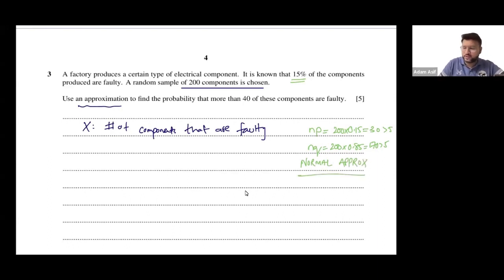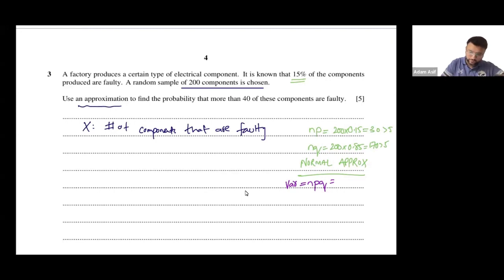Okay. Now, to solve this question through normal approximation, we need the mean and the standard deviation. The mean is going to be np, and the variance is going to be npq. Guys, there are marks to calculate all these values, okay?